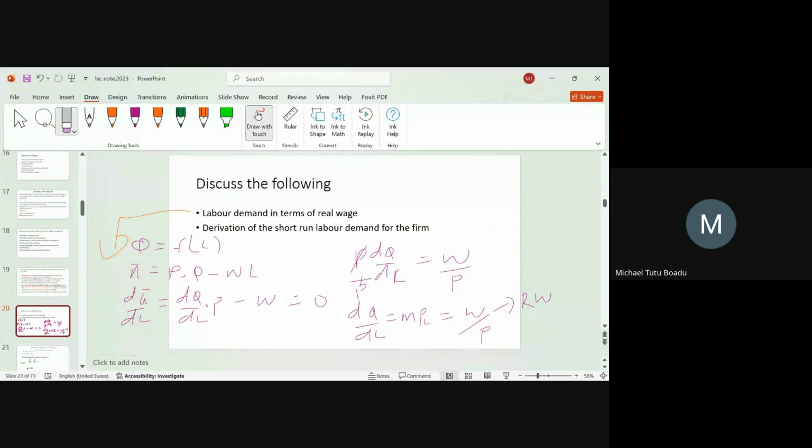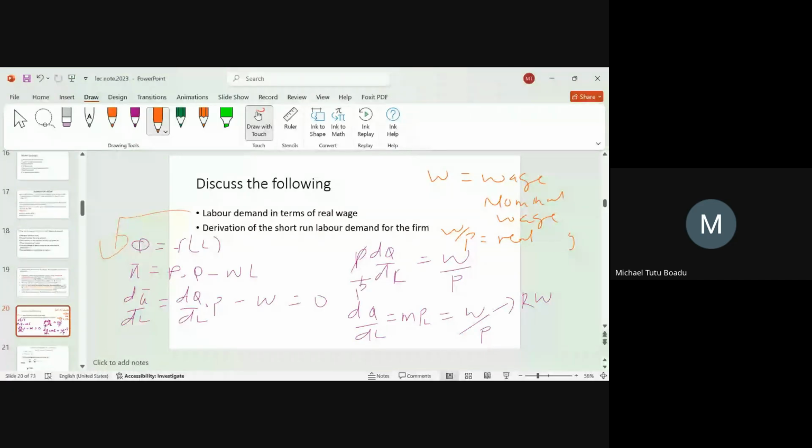When we talk about labor demand in terms of real wage, we mean that you want to find the demand function for labor based on the real wage that you have to pay labor, not the nominal wage. W is the wage, which we call the nominal wage. And W over P is the real wage.